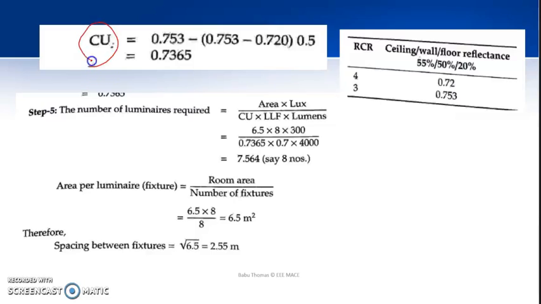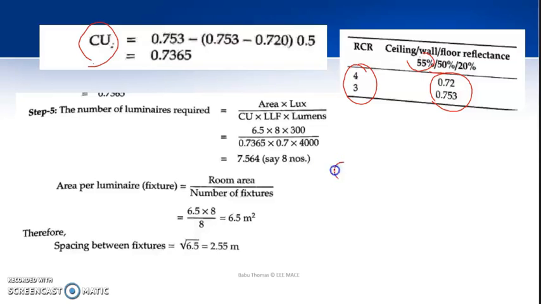So in order to find the coefficient of utilization, we already have the table for 55% ceiling, 50% wall, and 20% floor reflectance. The values are 0.72 and 0.753 for 4 and 3. Therefore, for 3.5, obviously the value will be between 0.72 and 0.753. So that particular calculation you can do.